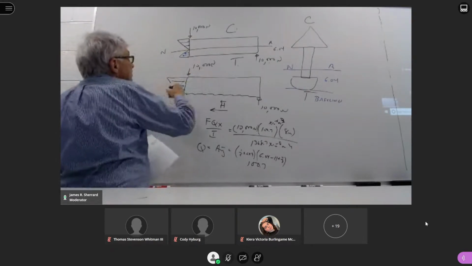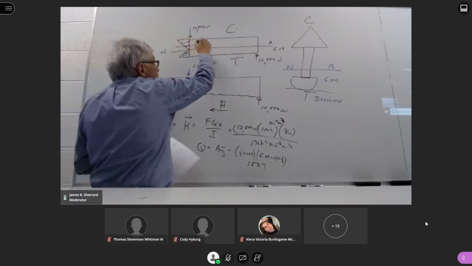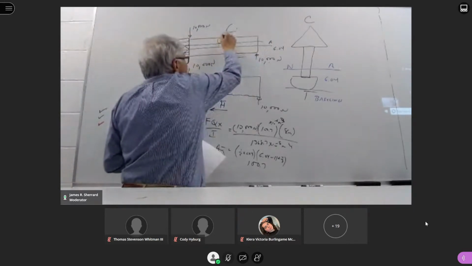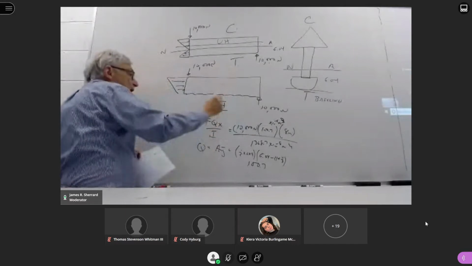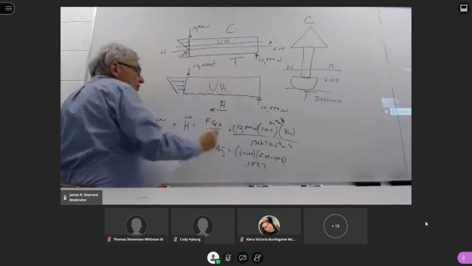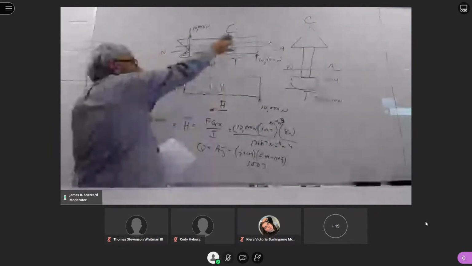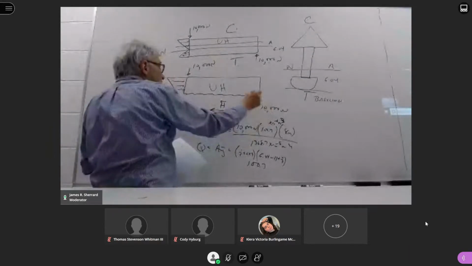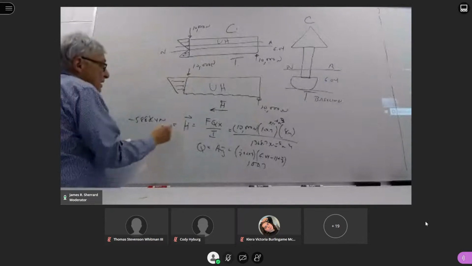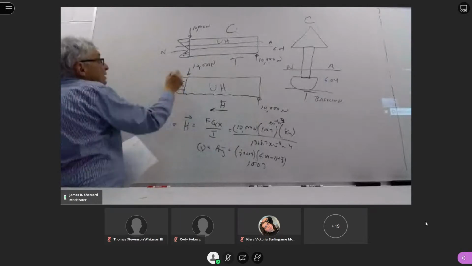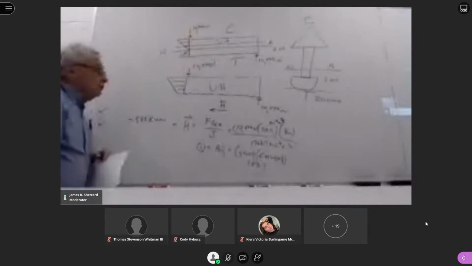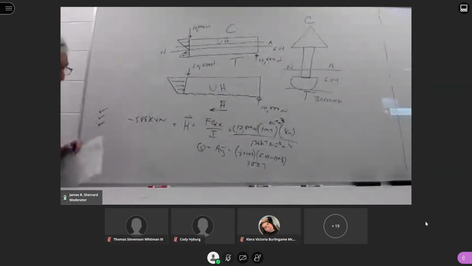I then cut it right here, and I looked at the upper half. I've sketched the upper half here. Again, I draw the free body diagram of this upper section, so I still have my 10,000, 10,000. And then wherever the cut hits here, I'm just putting the plane stress that's above that.